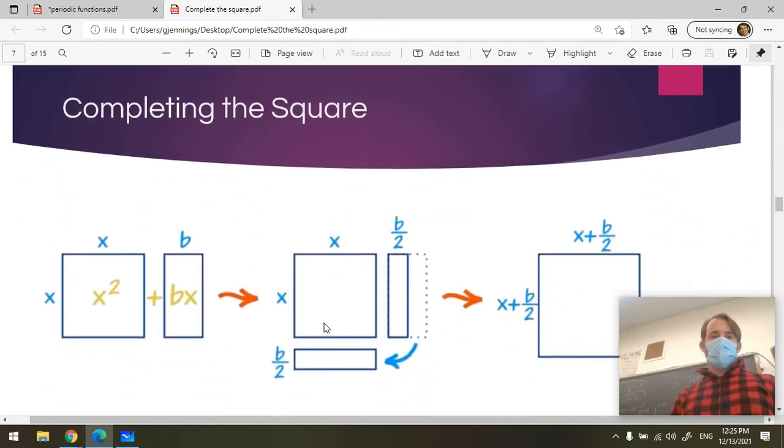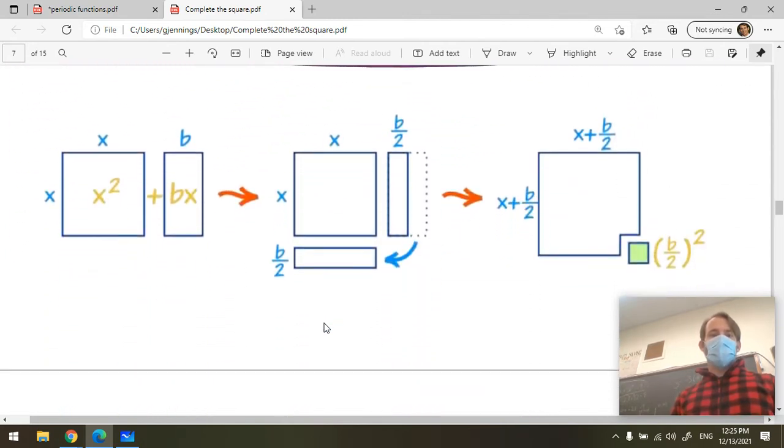So, completing the square, basically, I'm going to show you a video where I'm going to teach you to think about it as like if you have x squared and then you're adding some b times x, this is your bx term here, we could split that b term into halves and create most of a square there. This would fit on this side and that would fit on that side, but we'd be missing a little piece.